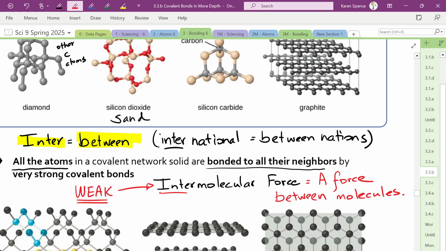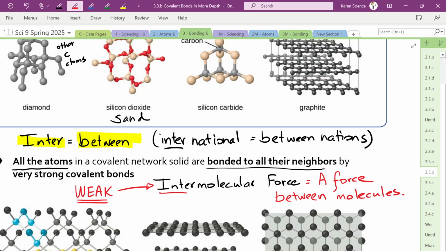So within our little hexagon, strong, strong, strong within the layer. But between the layers, these are actually very weak.